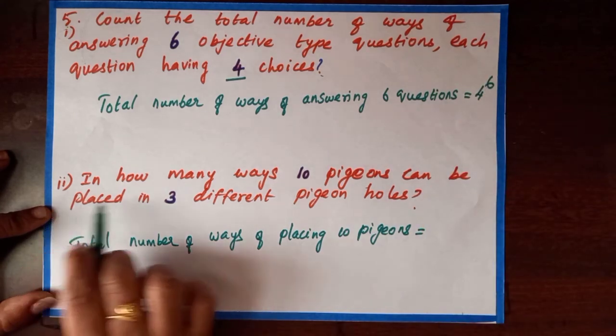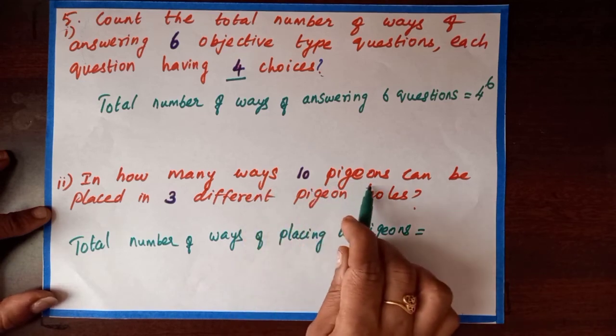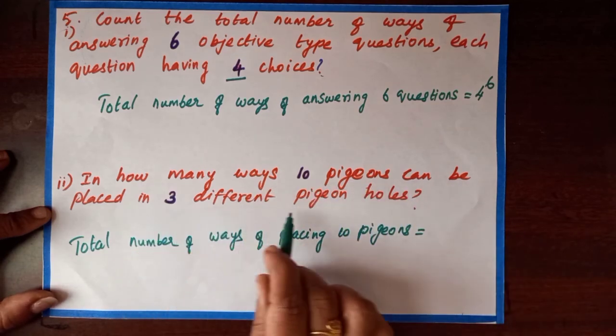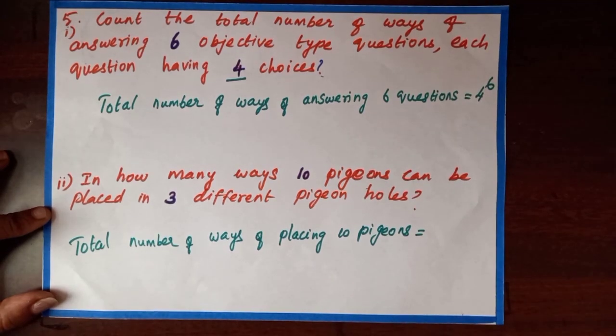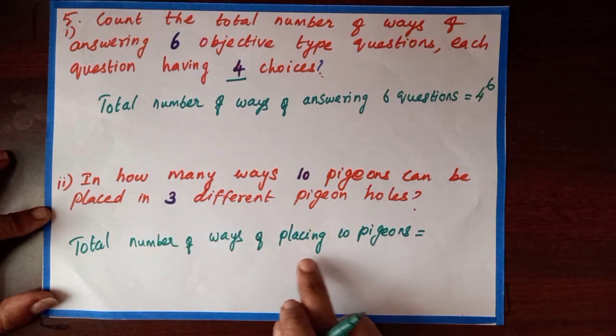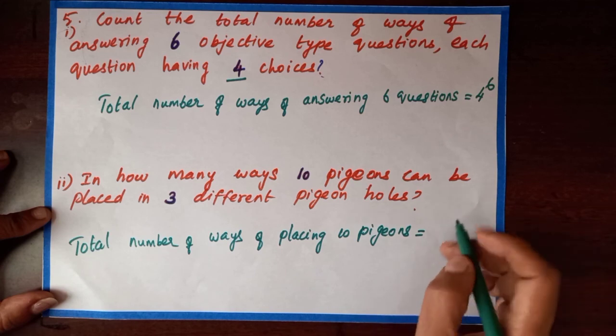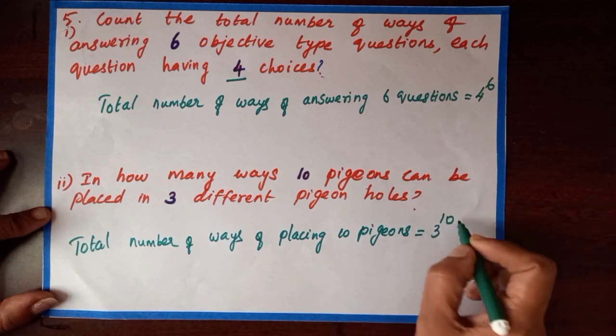Second subdivision, in how many ways can 10 pigeons be placed in 3 different pigeon holes? Since each pigeon can occupy any of these 3 holes, the total number of ways of placing 10 pigeons is 3 power 10.